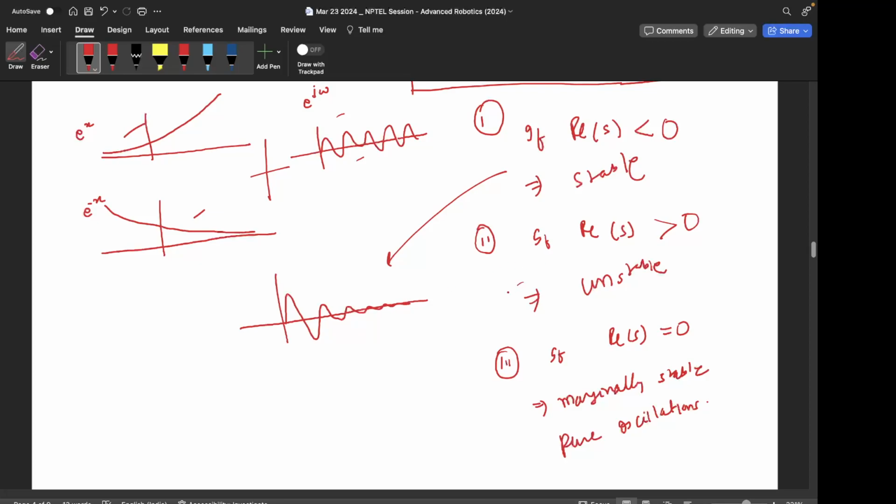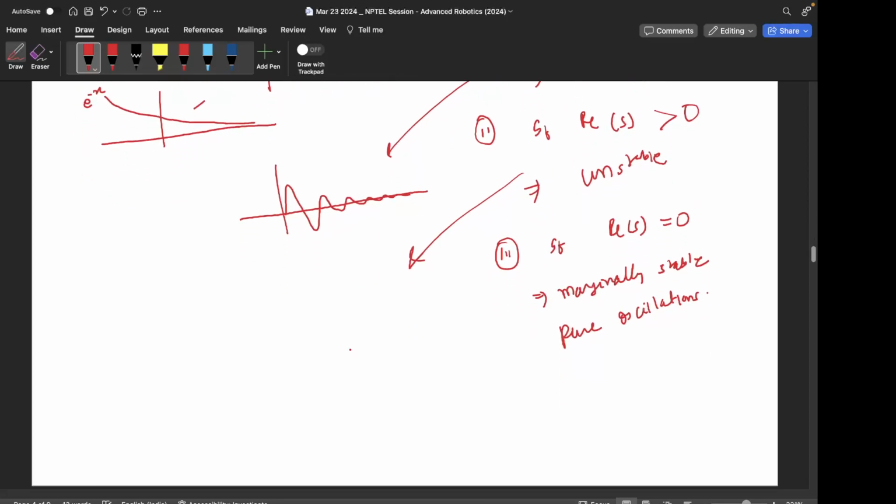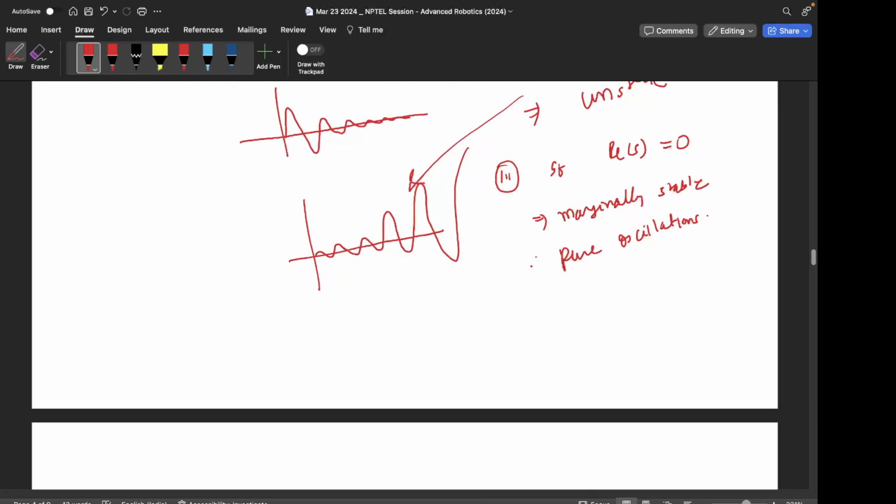In this scenario, the response will be exponentially increasing, like this. And in this scenario, the response will be of fixed amplitude, right? Fixed.